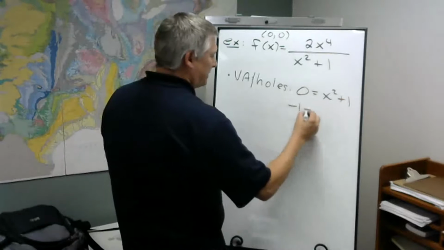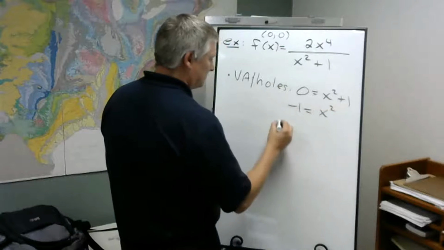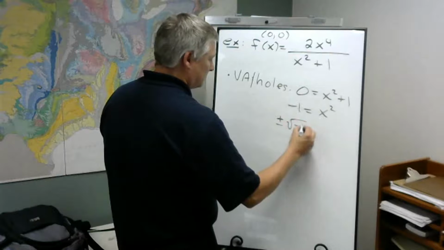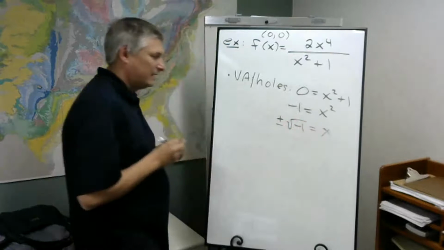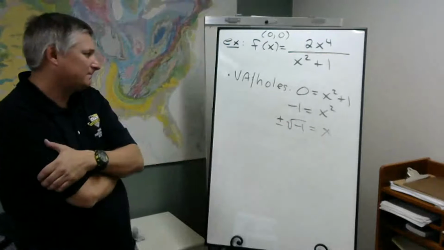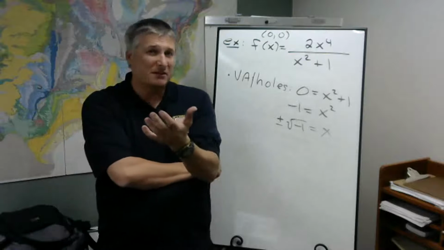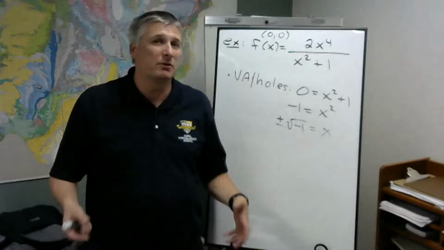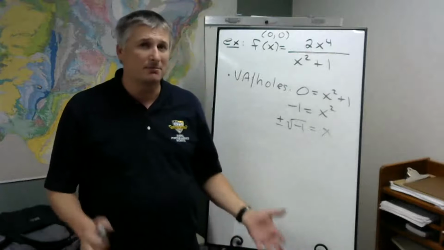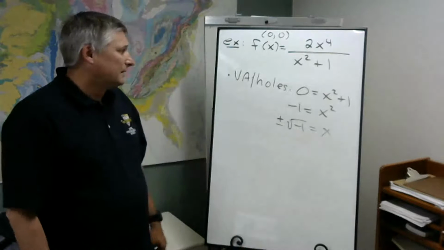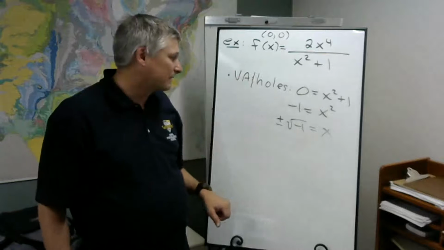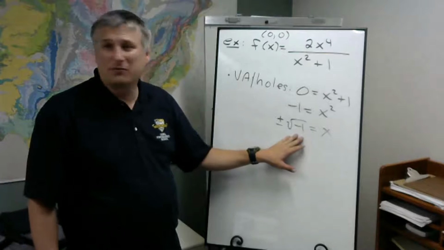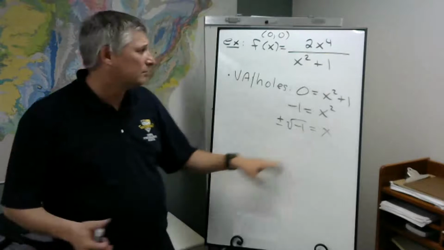And what we're going to get right away is, well, we're taking the square root of a negative number. And for us, that's not something we're going to allow because we're only working with real numbers instead of complex or imaginary numbers, at least for graphing these functions. So this means no vertical asymptote, no holes.